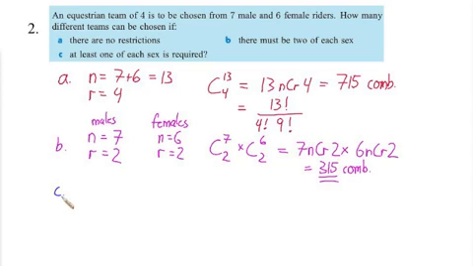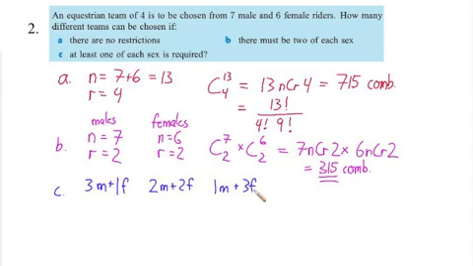Well, how many different ways can we represent that? I could have 3 males and 1 female. I could have 2 males and 2 females. Or I could have 1 male and 3 females. I can't have 4 of each because then each one of the sexes wouldn't be represented.